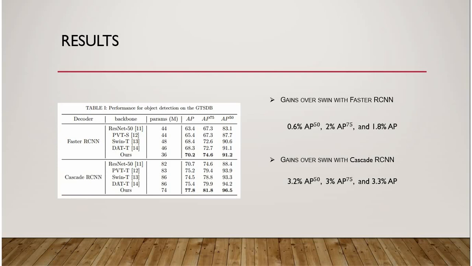Thanks to the introduced pyramid module and locality inductive bias, with Faster RCNN as decoder for the 36 epoch setting, the proposed model achieved 8.1% average precision for 50 IOU, 7.3% average precision for 75 IOU, and 6.8% average precision performance gain over Swin.